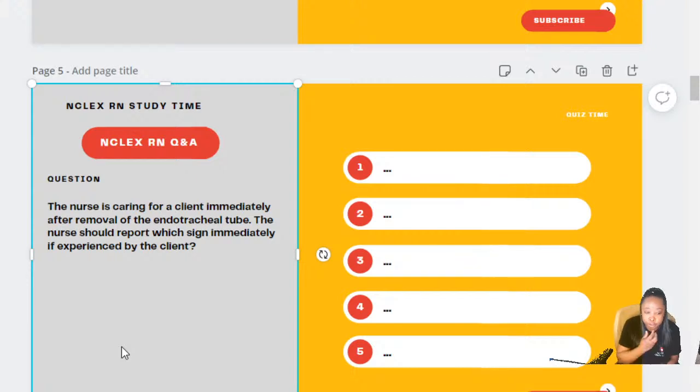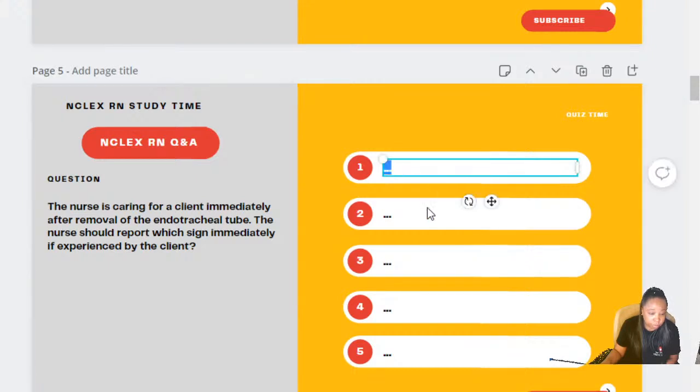That means after the respiratory therapist or the doctor removed the ET tube, the nurse will be taking care of that patient. And while you're taking care of that patient, there's one thing: if you see it, you have to do something very quick about it. So let me show you the answers, and then you will choose the best one.